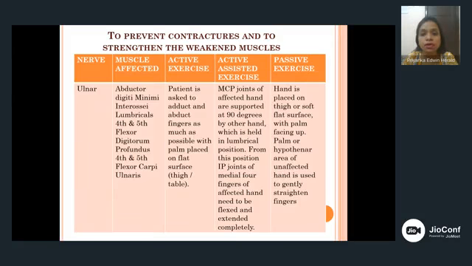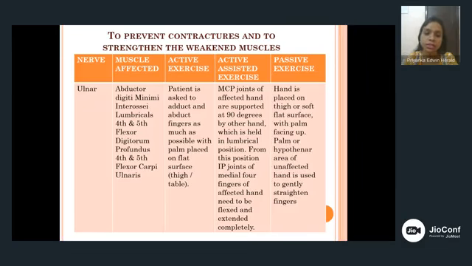Now we come to the major exercises involved. Actually, major exercises according to the nerve involved. So first, I am telling about the ulnar nerve. I have shared earlier also, the ulnar nerve supplies the intrinsic muscles of the hand, then the fourth and fifth lumbricals, flexor digitorum profundus fourth and fifth, and flexor carpi ulnaris.